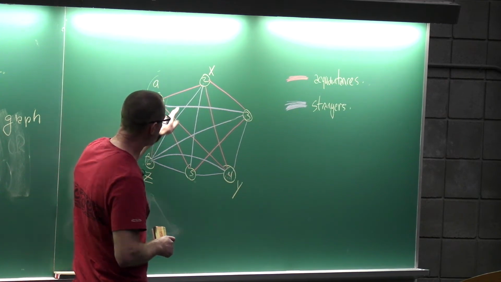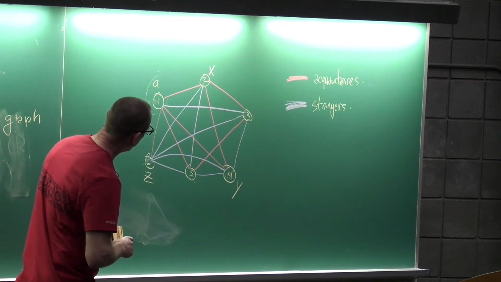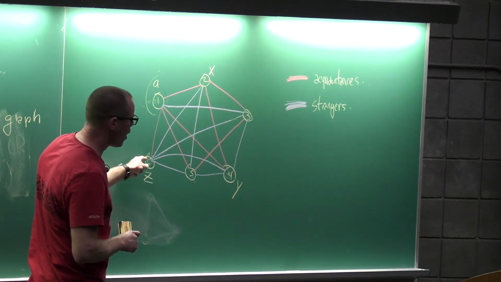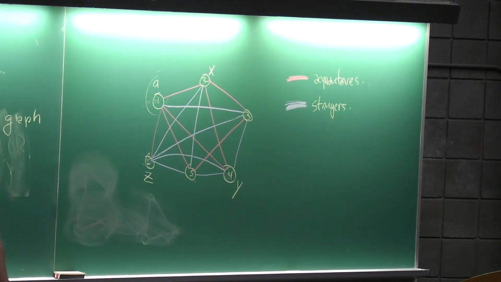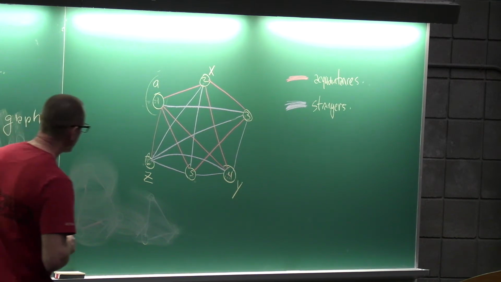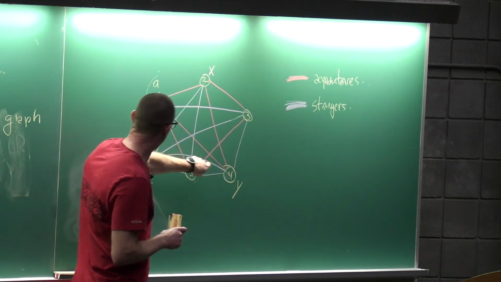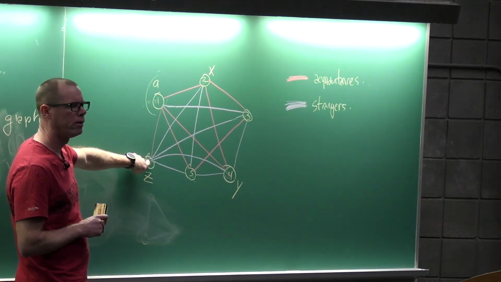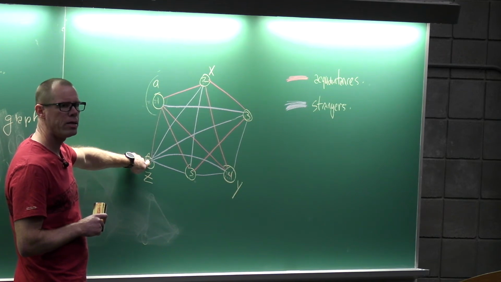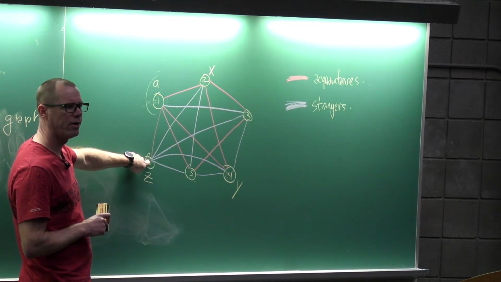So that's a triangle, right? What can you tell me about that triangle in this example? So purple, red, purple. So it's not the triangle we're looking for, but did you just see a triangle that we're looking for?